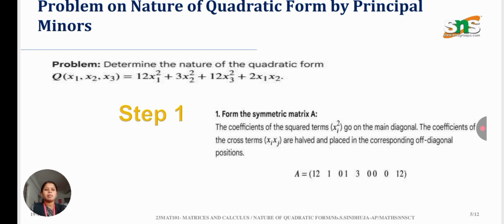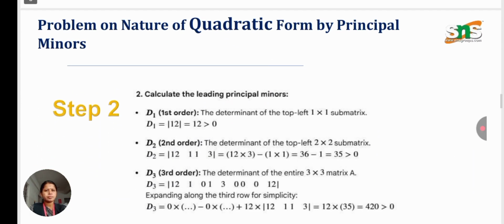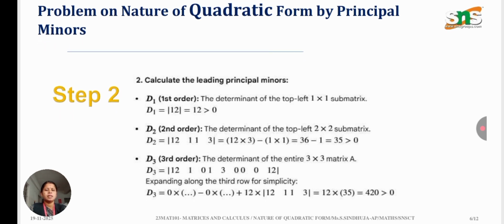So we get a 3 by 3 matrix: 12, 1, 0, 1, 3, 0, 0, 0, 12. With this matrix A, we are going to find the nature of the quadratic form using principal minors. For that we consider d1, that is the element a11, which is 12, greater than 0. For d2 we consider 12, 1, 1, 3.